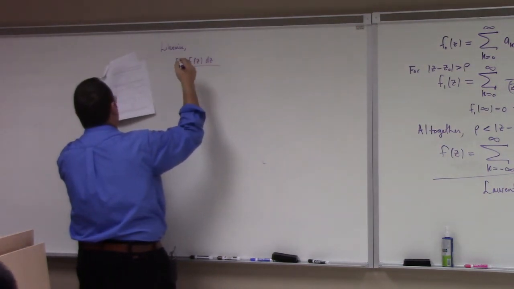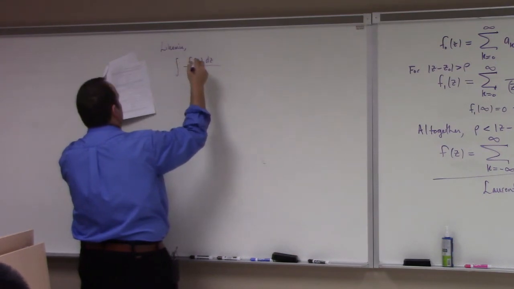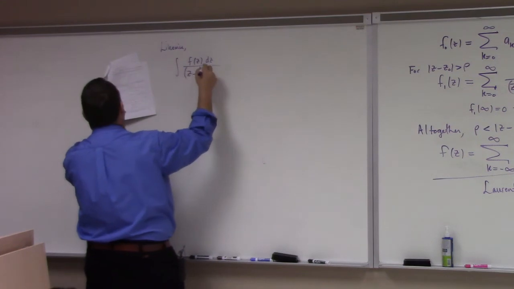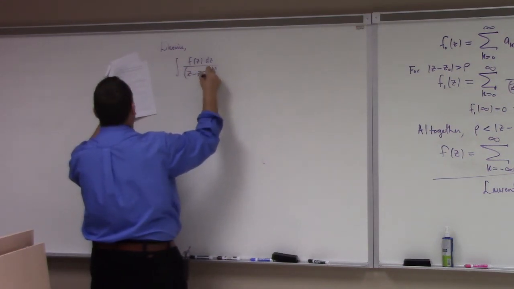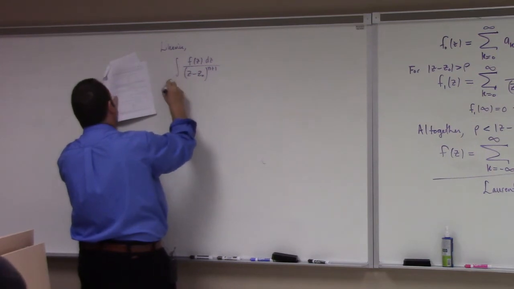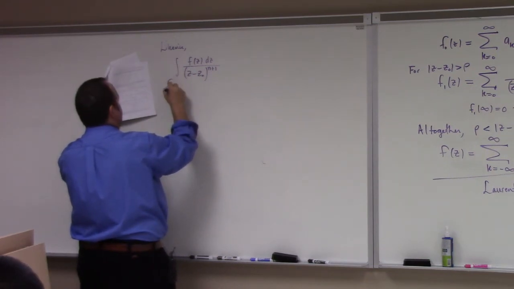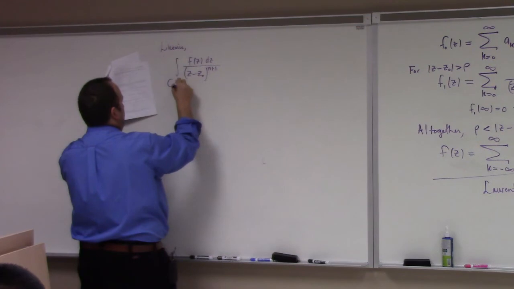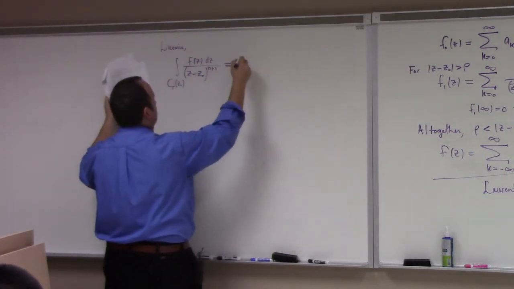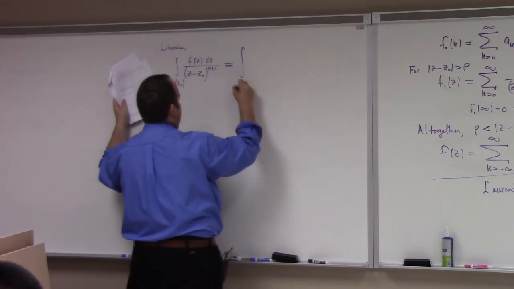Example 11.1.7 is interesting. Maybe I should do it. All right. This to the n plus 1. The circle of radius r, centered at z naught. This is equal to what? The integral over the circle.